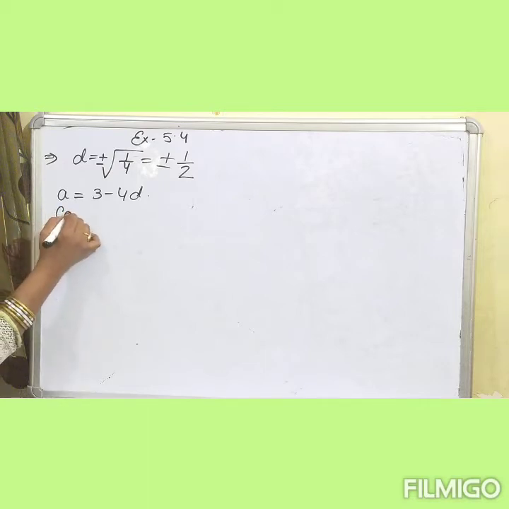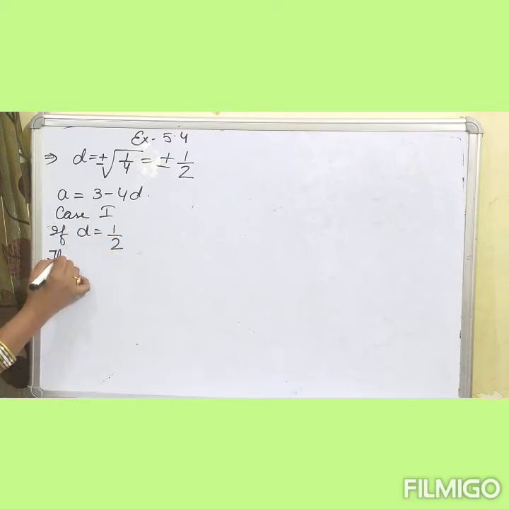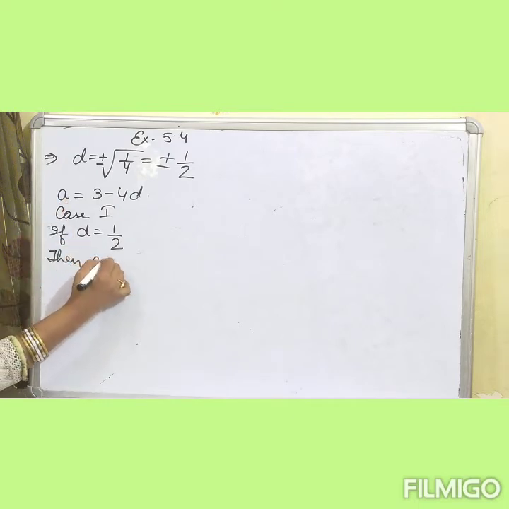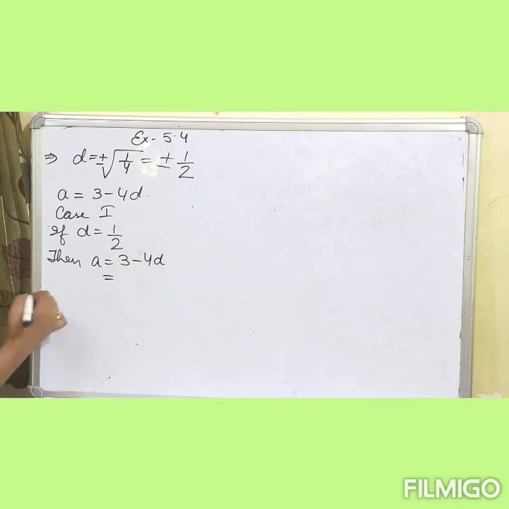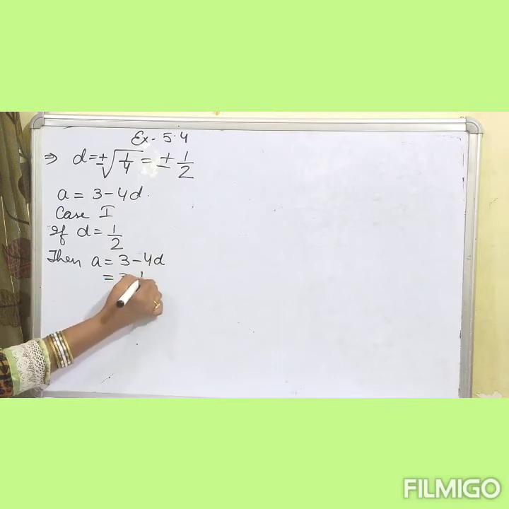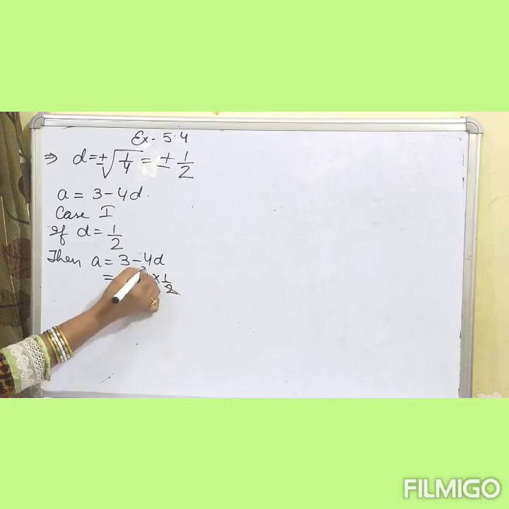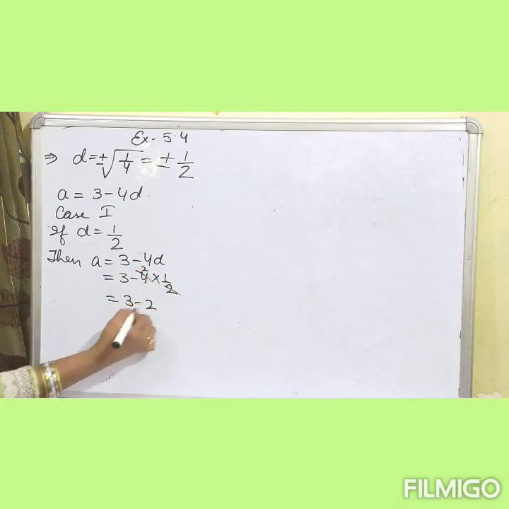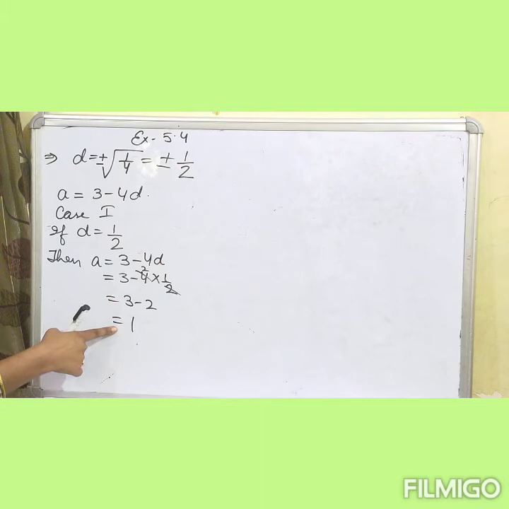So case 1: if D is 1 by 2, then A is 3 minus 4D, so A equals 3 minus 4 into 1 by 2, it will cancel out, and 3 minus 2 is 1. Means when you have the value of D as 1 by 2, you'll get A as 1.